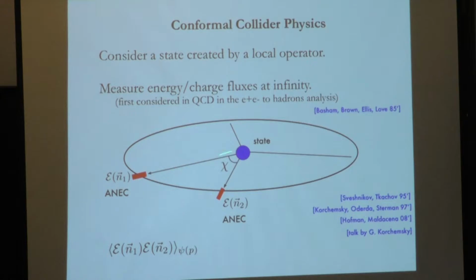Then we let whatever is created propagate, and we measure the energy flux at infinity. These detectors are energy calorimeters, and we run the experiment for infinite time. As I told you, we integrate, so this is not a practical collider, it's an eternal collider. In principle, you can do this using amplitudes, and that's what these people did in 85.